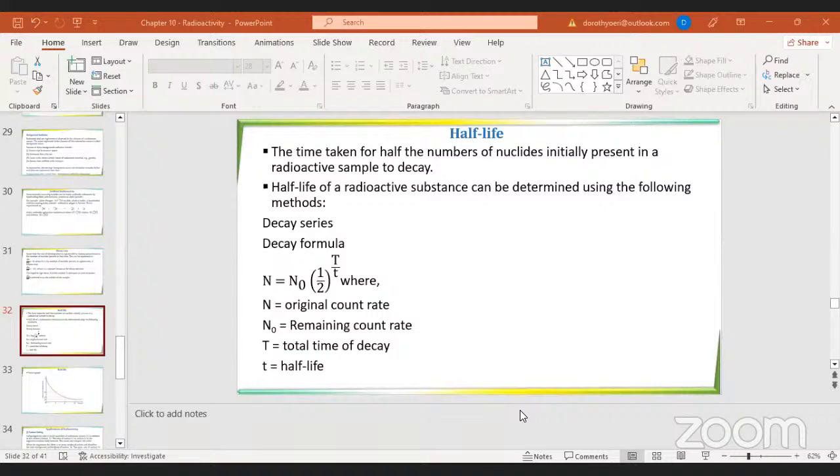Next question. A sample of a radioactive substance has a mass of 2 grams and a half-life of 7 days.